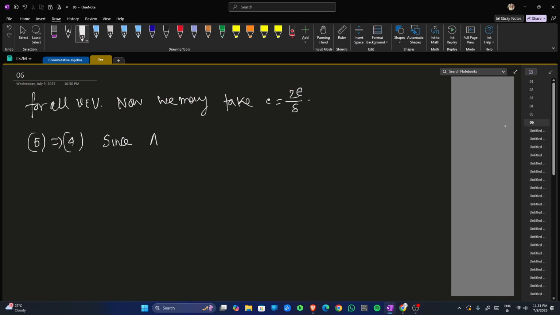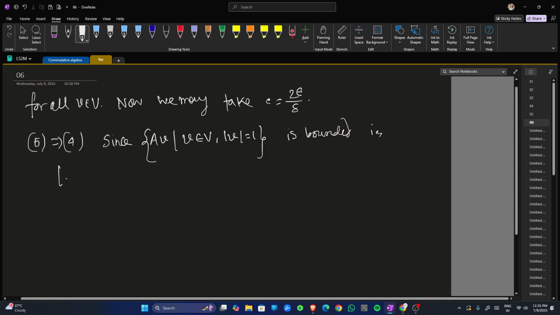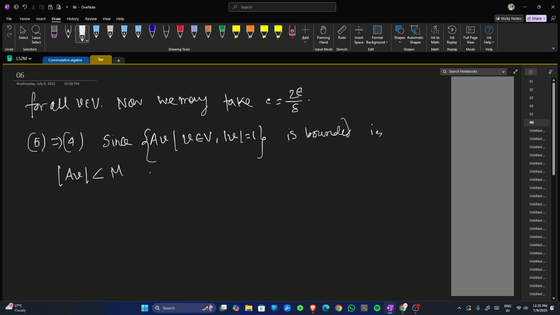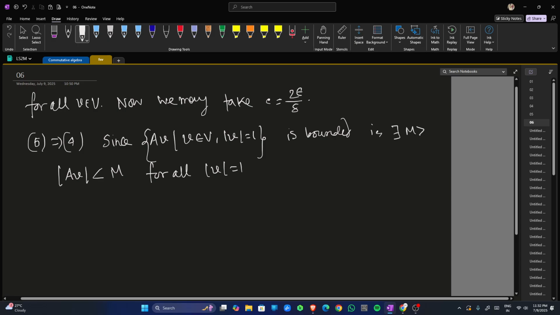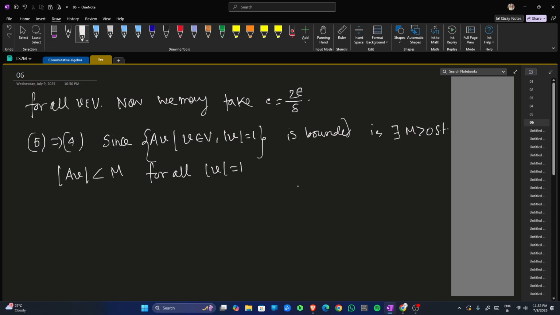Since the set Av, v belongs to V, norm v equal to 1, is bounded, that is norm Av less than M for all norm v equal to 1, there exists M greater than 0 such that this holds, right?